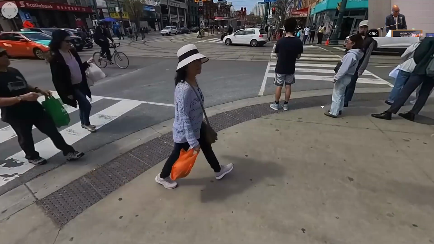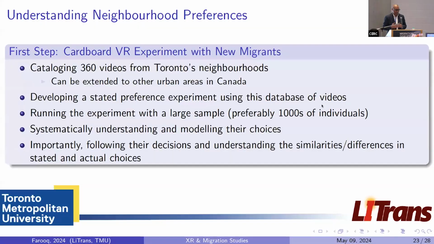And maybe we can develop a huge catalog of these sort of 360 videos for Toronto's neighborhoods as well as for other places in Canada, and try to develop a stated preference experiment around it. Instead of visual, it will be 3D, and we try to collect a very large sample and understand what their preferences are.